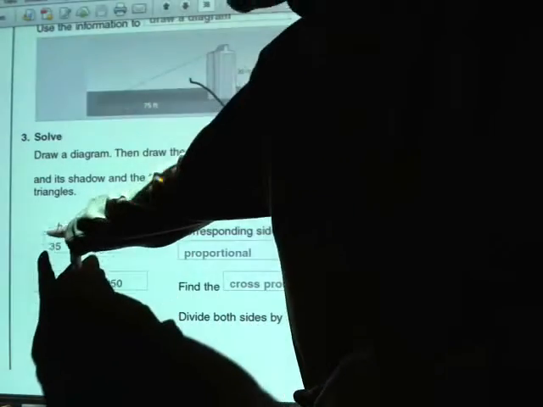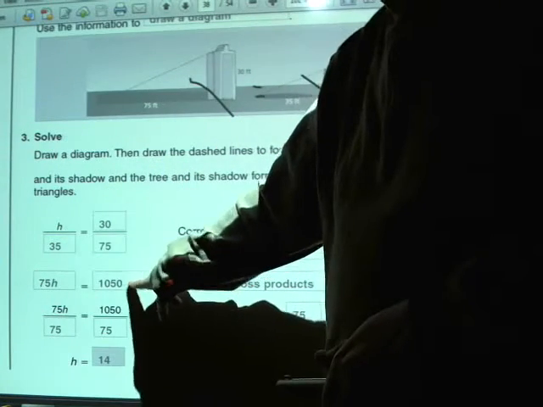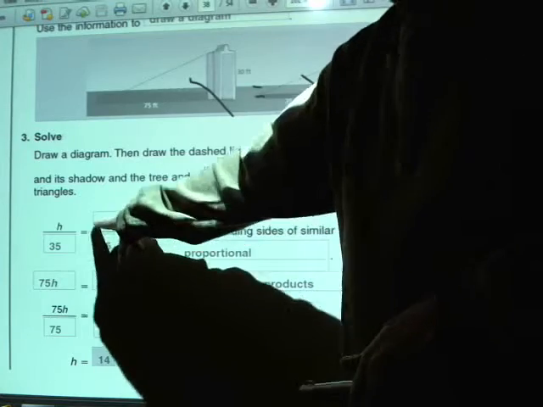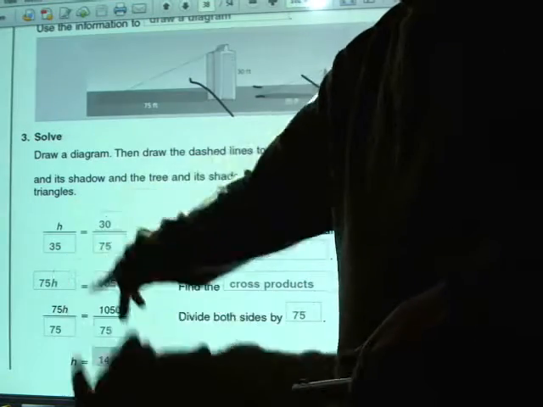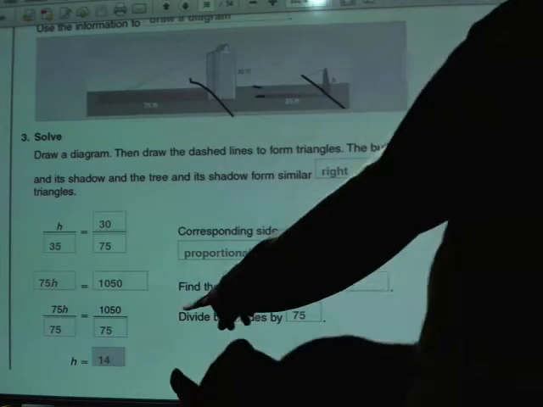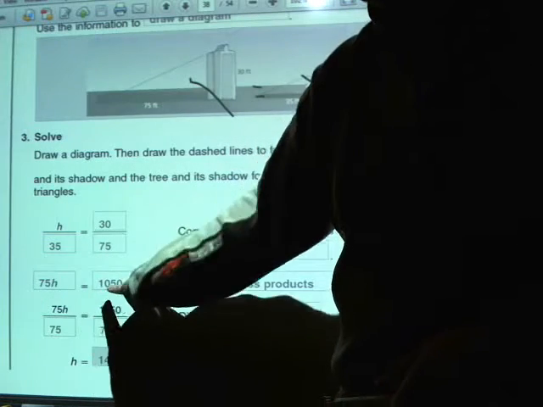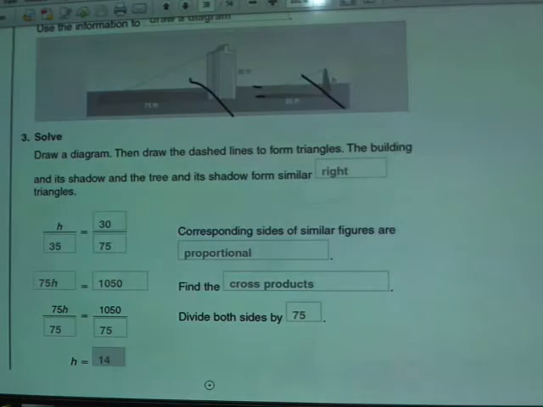They're saying on this one diagonal that you've got 30 times 35, which is 1,050. And on the other diagonal, you've got 75 times h. Well, that also has to be 1,050. So I'm saying, what would I multiply by 75 to get to 1,050? Well, as you can see from the equation being solved here, 14 is the answer, because 75 times 14 is 1,050.